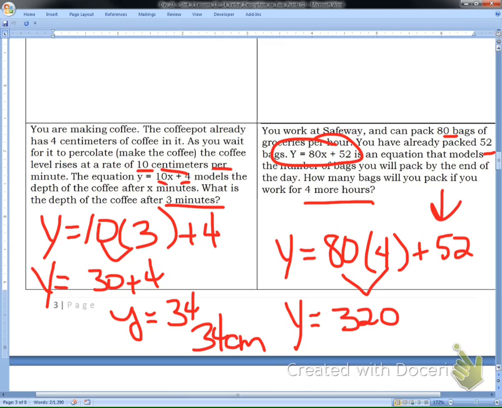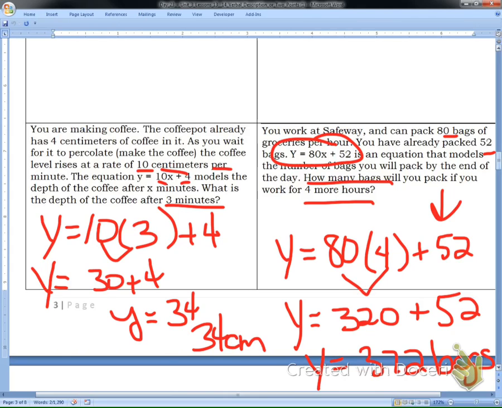That's a quick way to multiply when you have a number ending in 0. Plus 52, and then we add those two values together. So our final answer, 320 plus 52 is 372. Now 372 what? The answer is how many bags? It'll be bags, because they asked for how many bags.